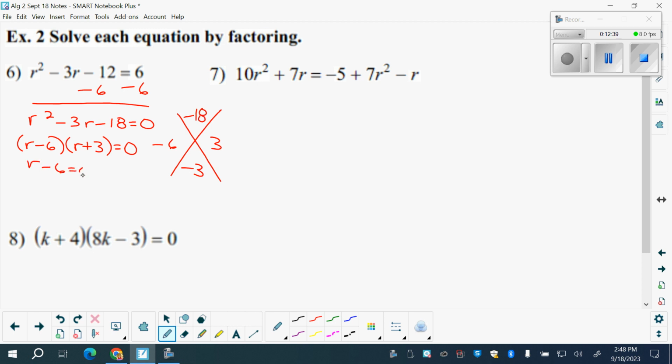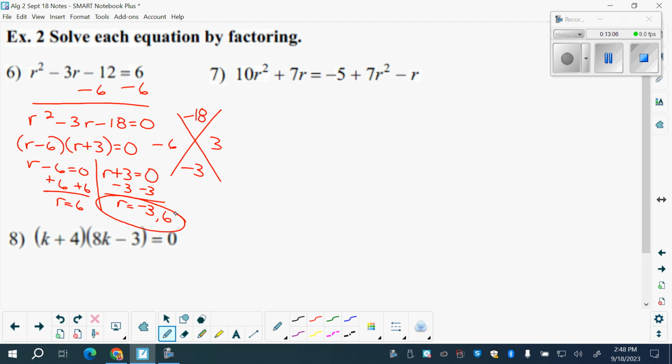R minus 6 is 0. R plus 3 is 0. And solve them. So we get negative 3 and 6.